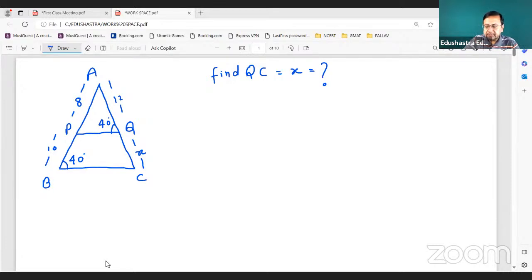How much is it? You can give me some logic, some approach, what theorem, what concept I should apply here to get the answer, right? So yes, just give me some understanding which you are getting here.